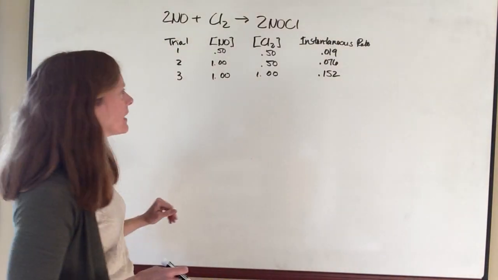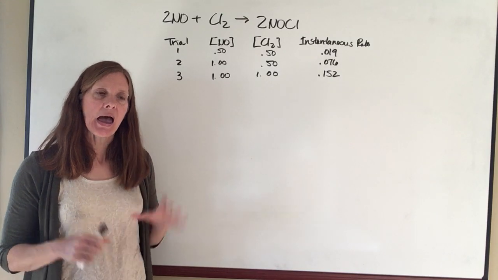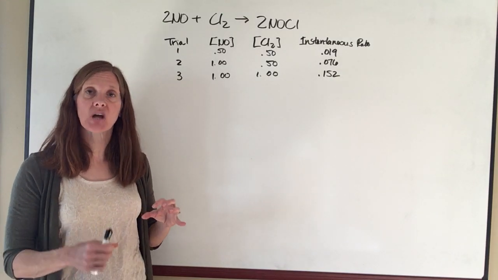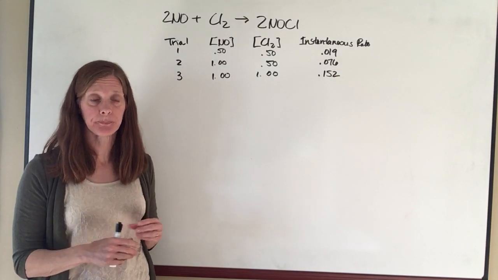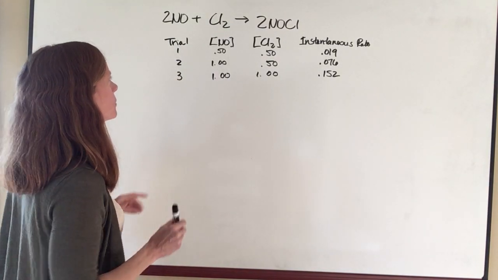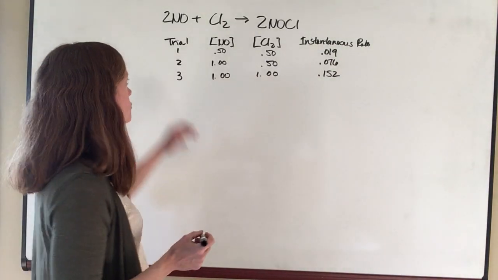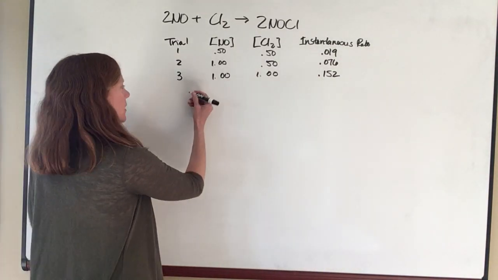Now, what you have to watch when you're doing this is how the reactants are changing with respect to one another. The first thing I want to do here, though, is to write an equation for what the reaction rate for this particular reaction looks like.